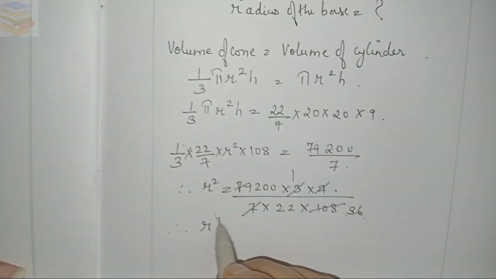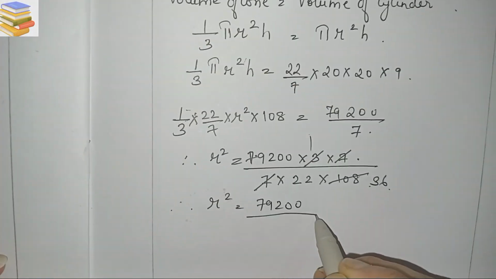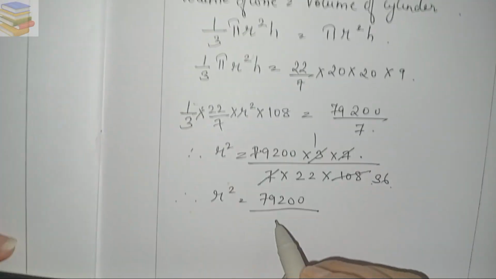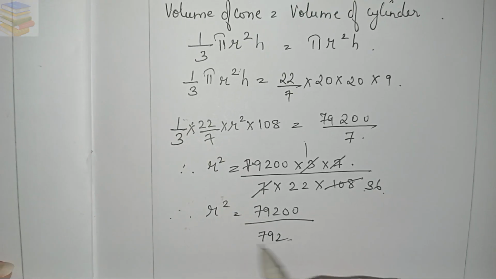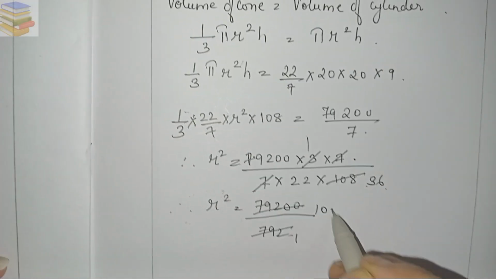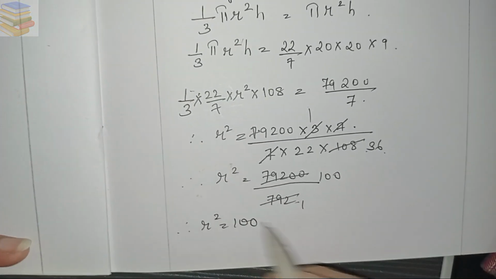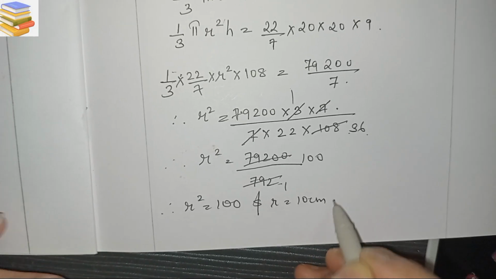Therefore, r square is equal to 79200 over 792 hundreds. Therefore, r square is equal to 100 and r is equal to 10 centimeters.